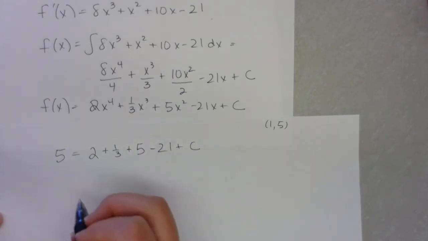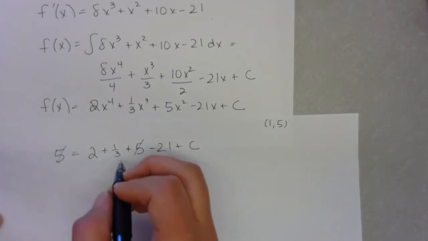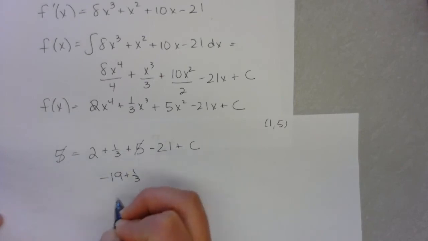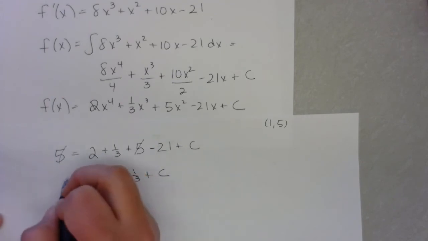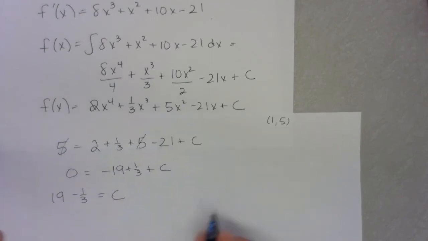Okay, so I know my 5s are going to cancel here, and then I'm going to get negative 19 plus 1/3 plus c is equal to 0, so that'll be 19 minus 1/3 equals my c when I moved both of these over.